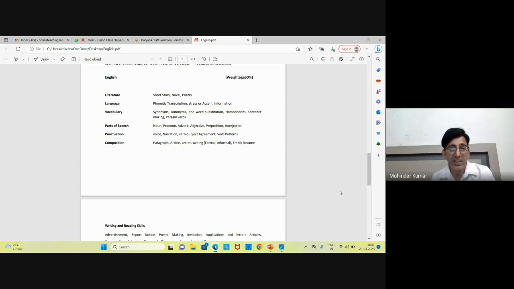Then we have subject-verb agreement, that is also part of noun. So noun is a very long topic. Then we have the complement here, because noun performs different functions. It can function as object, it can function as complement. So you will have to cover the complete topic of noun.